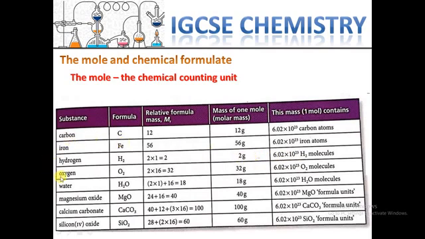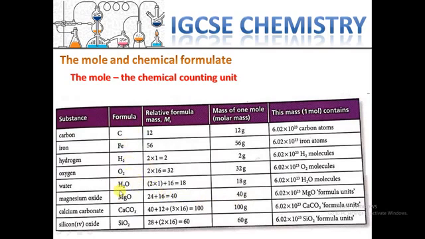And another one, like water. Water is a combination of oxygen and hydrogen. Totally it has 18 mass, relative formula mass. That means each 18 gram of water we have this number of water molecules. Okay, so this is a relationship with a formula.